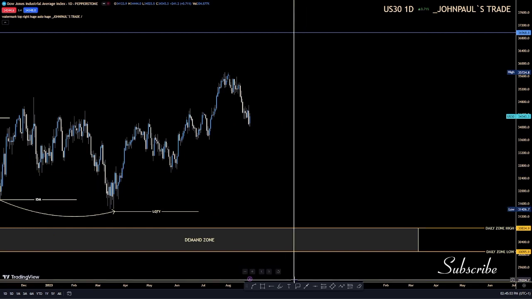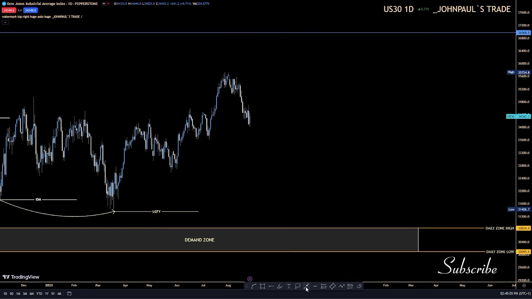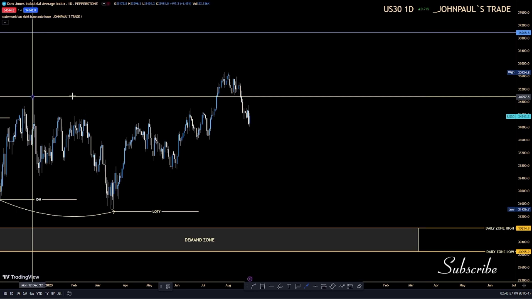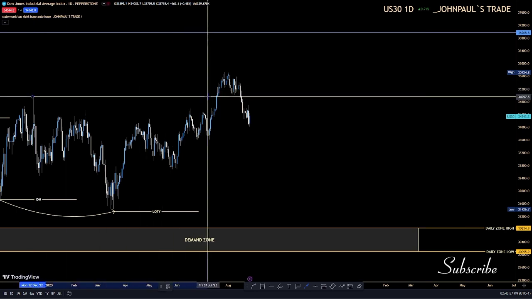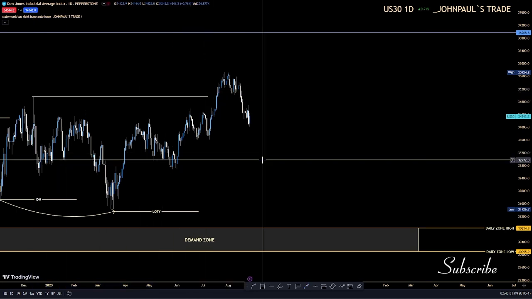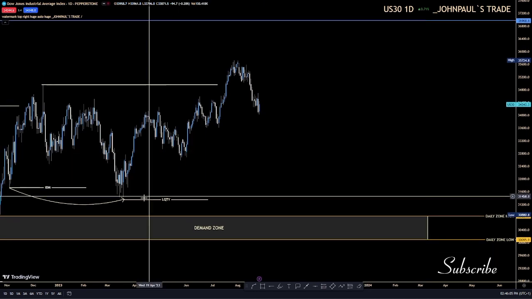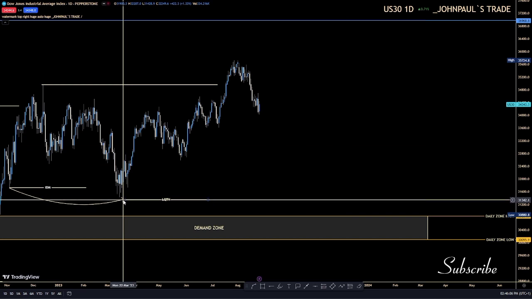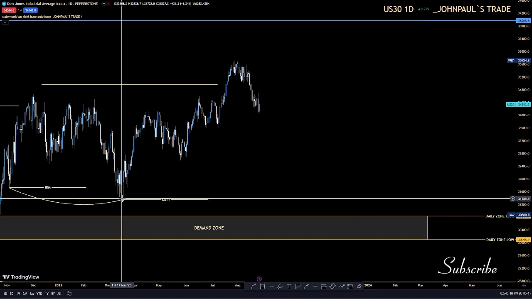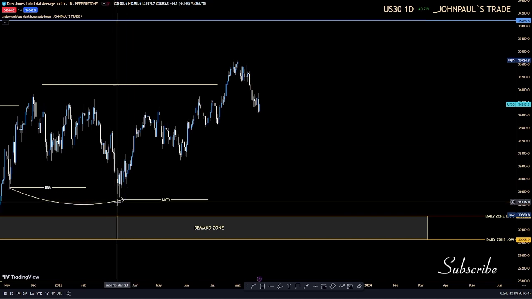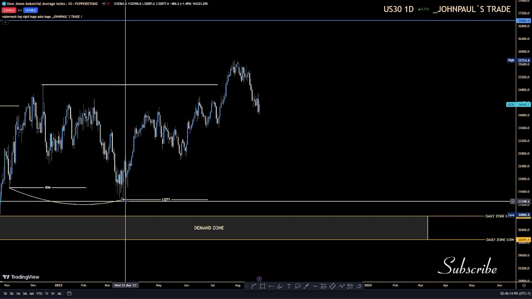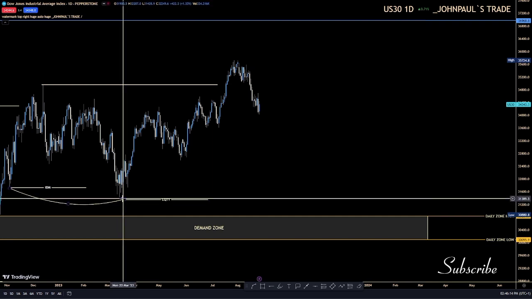Okay, guys, we are going to buy from the next one, and our TP will be for market to make another high again on US30. But before then, you have known the view of the market, where the market is likely to go if it is selling now. So it doesn't mean that you have to wait all the time. You just know the movement of the market. This is where the market is likely to go.